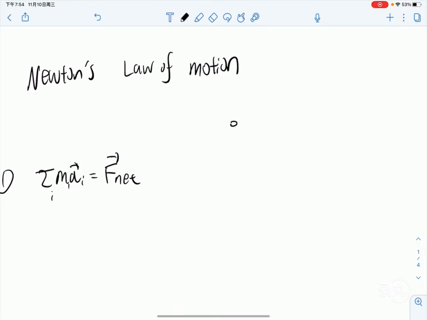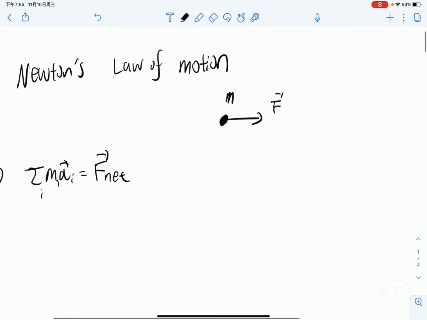For a simpler case, we're just going to consider a mass that is away from all interference except one force, which is F. So Newton stated that the acceleration, dv/dt of this object, is equal to F divided by m.